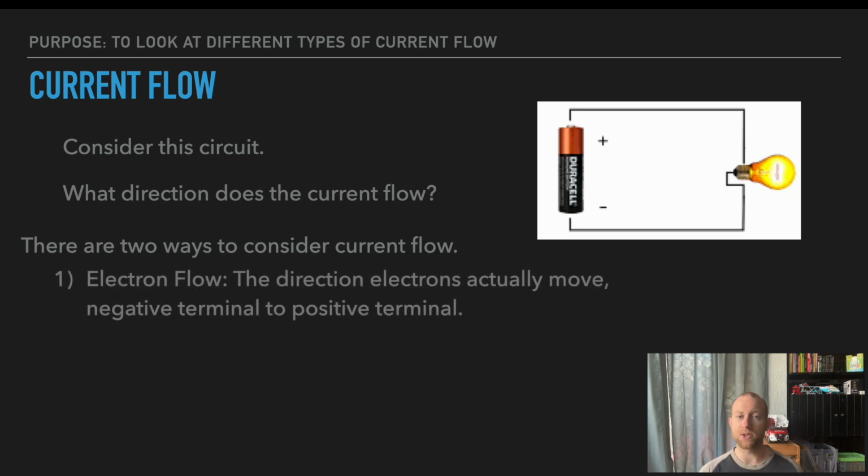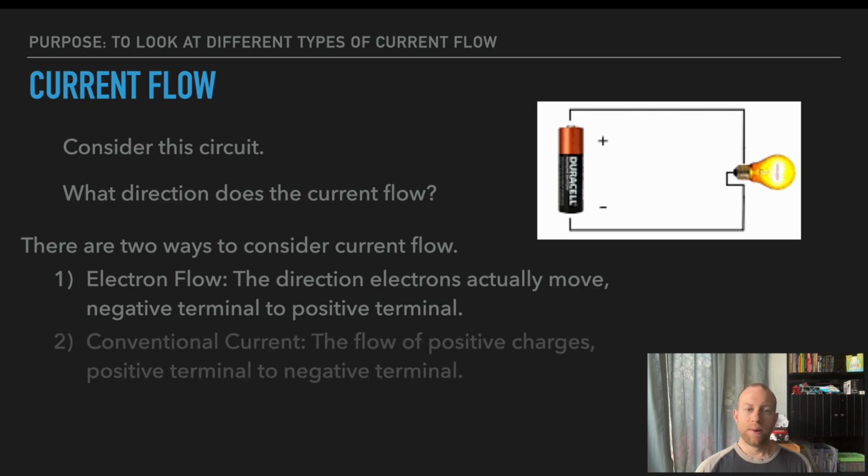We can either talk about electron flow, which means the direction the electrons are actually moving. Electrons are negative, so they come out the negative end and go around. They're attracted to positive. That is what is actually happening. And there's also what's called conventional current. Conventional current is imagining that positive charges are moving through your circuit.